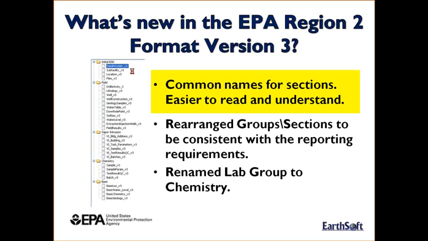The common names for the sections have all been changed to something more easily readable, in response to requests from the community, to make it easier to go down through this format and figure out exactly which sections you need to report and where that data would go in the format.